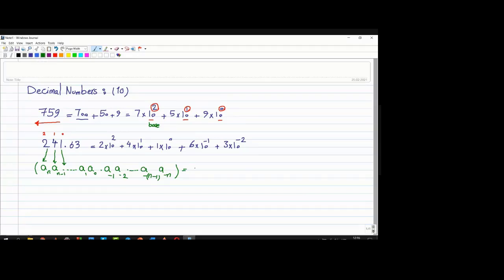This is similarly like this number. I can rewrite it like that: a_n times b to the power of n plus a_(n-1) times b to the power of n minus 1, up to a_1 b^1 plus a_0 b^0 plus a_(-1) times b^(-1) up to the end. What does it mean?